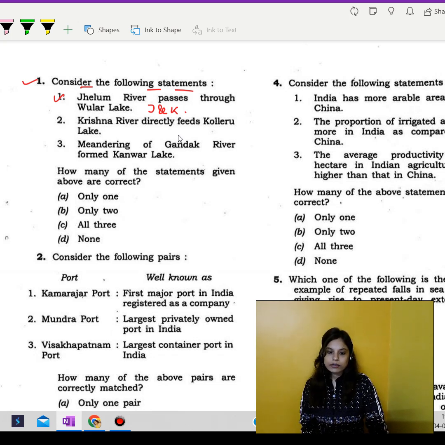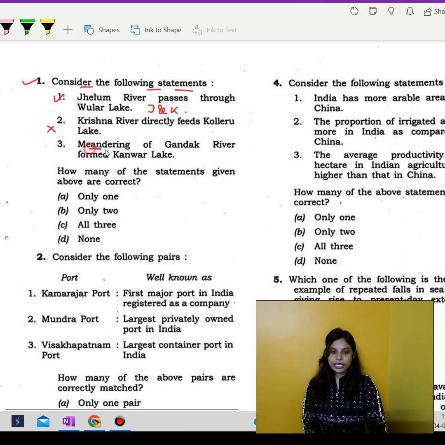Hence it's connected to the Krishna and the Godavari systems by over 68 inflowing drains and channels. It serves as a habitat for migratory birds also. Thus, the Krishna River does not directly feed the Koleru River. So we can finally say that statement 2 is not correct.